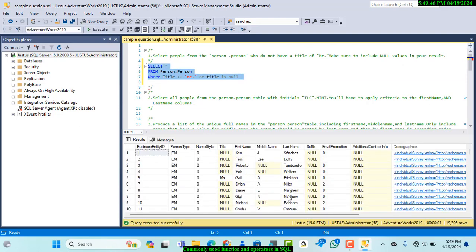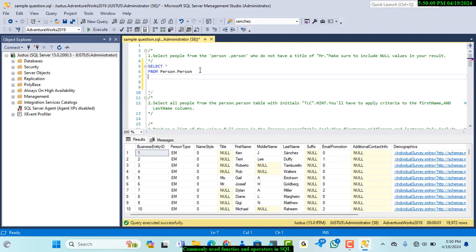So the output here, I'm getting 19,395 records as opposed to the previous. So before the WHERE clause was introduced, let me see the records that we had. So you have 19,972 records.